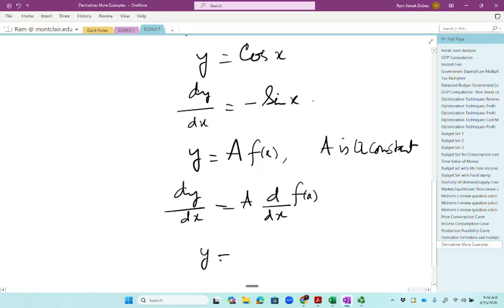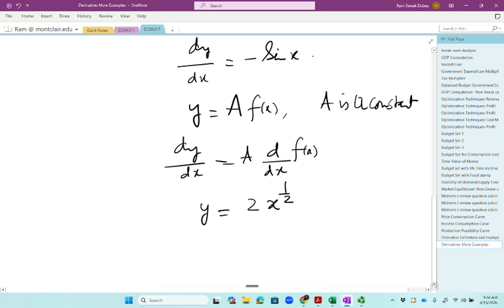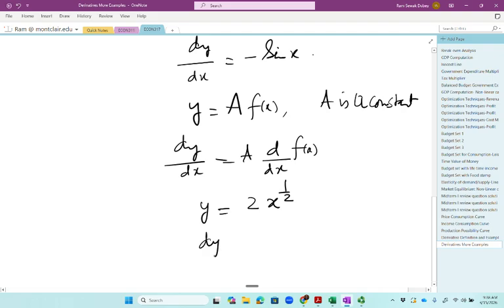Let's consider y equal to 2 x to the power 1 half. Then the derivative is 2 times the derivative of x to the power 1 half, which is 1 half times x to the power 1 half minus 1.